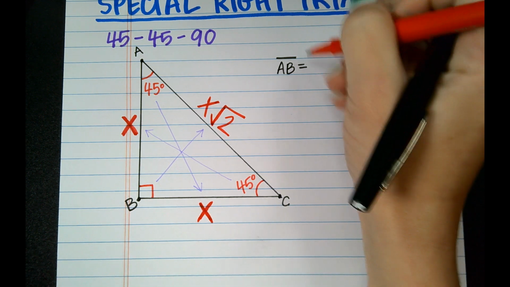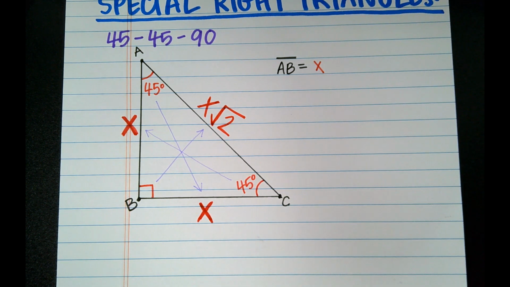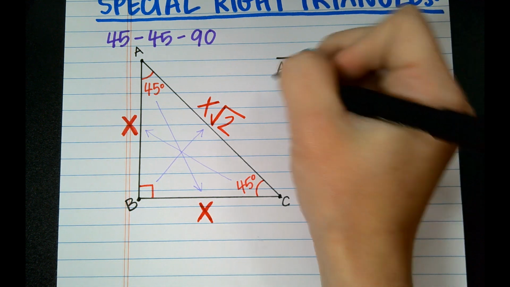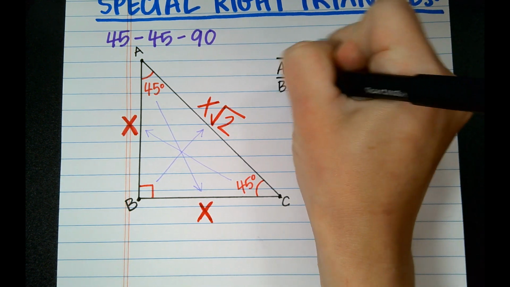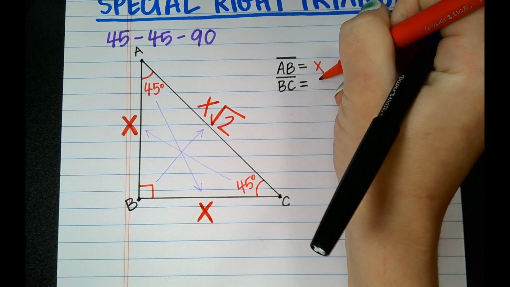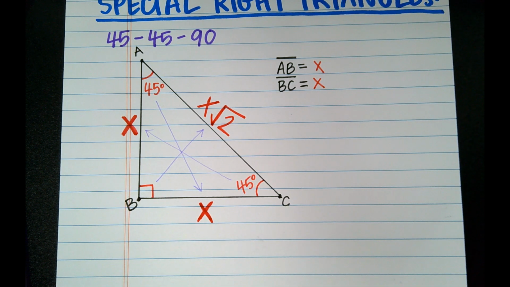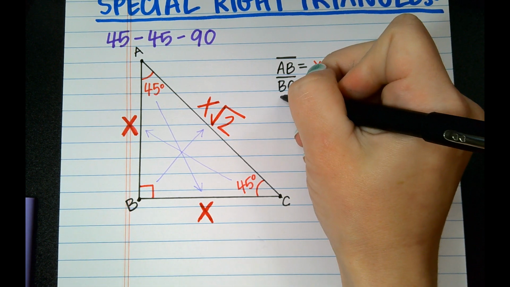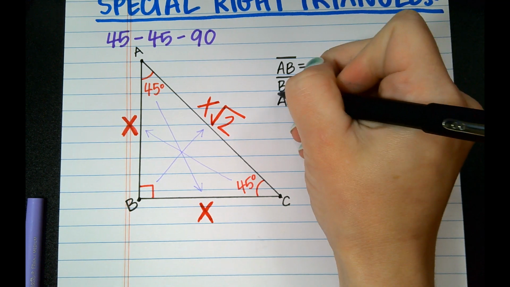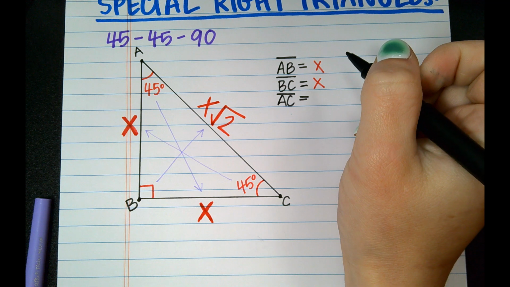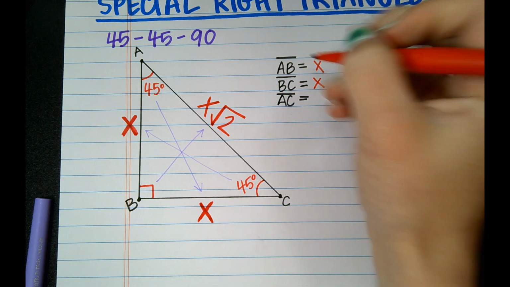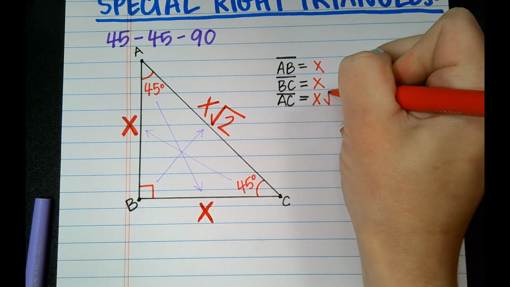Yes, that'll be X. The next one is BC, also X, good. And then AC, X squared. Not X squared, you're very close. X radical 2. Yes. Everybody, I know that is a new word.